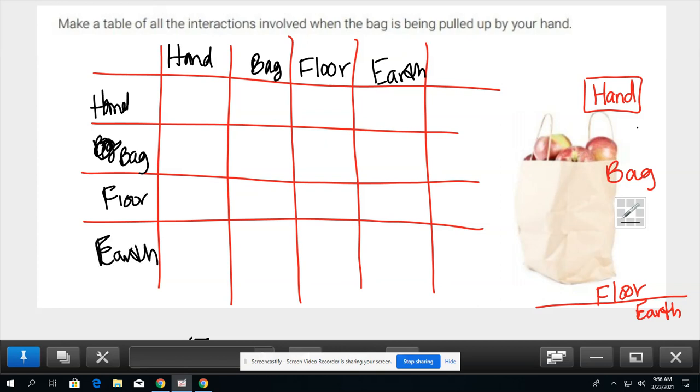And then complete the chart. Anywhere there is some type of force interacting between those 2 objects, you put a plus. If there's not a force interacting between the objects, you put a minus. And an object can't interact with itself. So the hand can't interact with the hand, the bag can't interact with the bag, the floor cannot interact with the floor. So you put a slash across it. You need to create this chart and complete it.